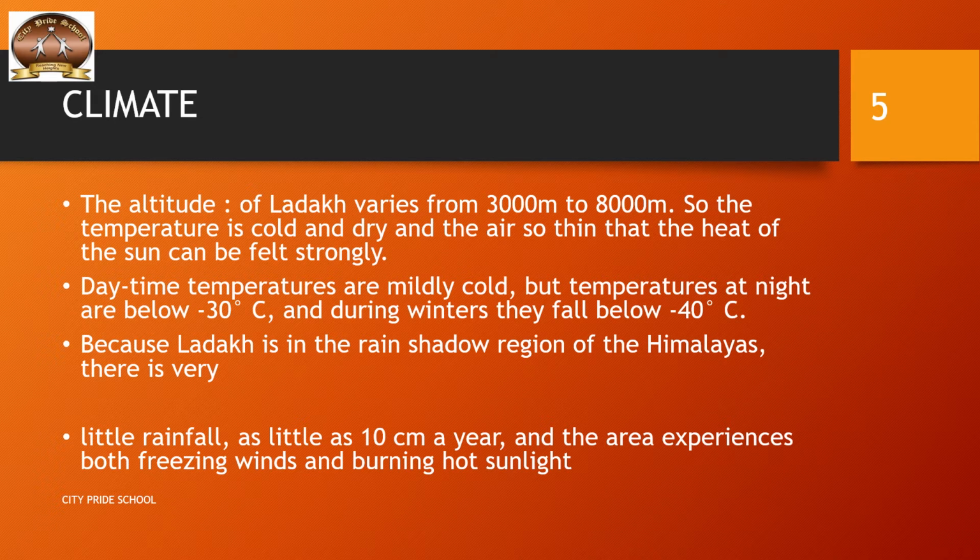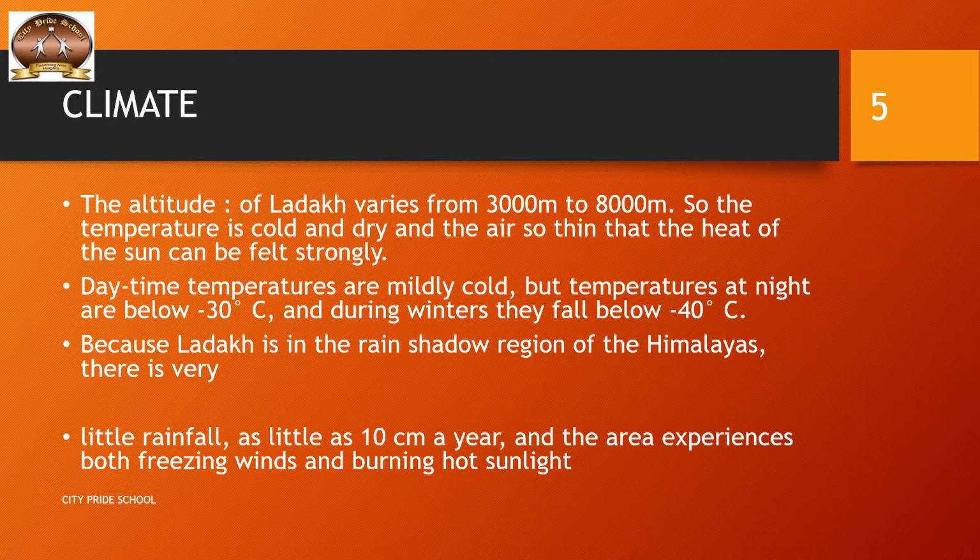So the daytime temperatures are mildly cold, but temperatures at night are below minus 30 degrees Celsius, and it is very freezing cold in winters when the temperatures even remain below minus 40 degrees Celsius for most of the time, as it lies in the rain shadow region.